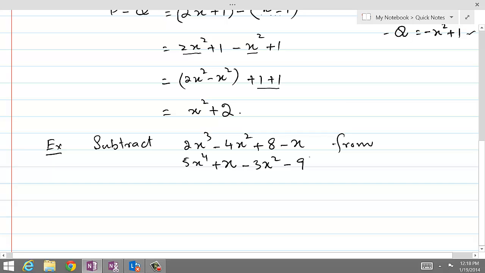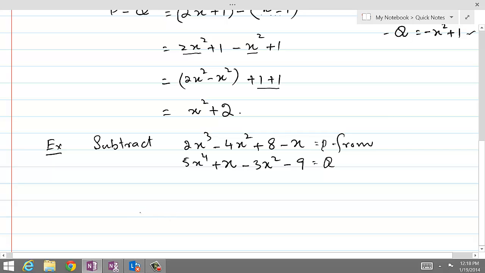So same thing, if this is called P and this is called Q, we are required to find Q minus P. Subtract P from Q.